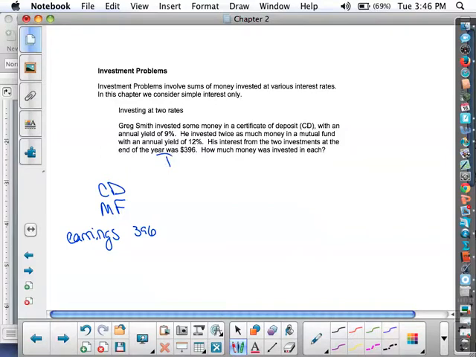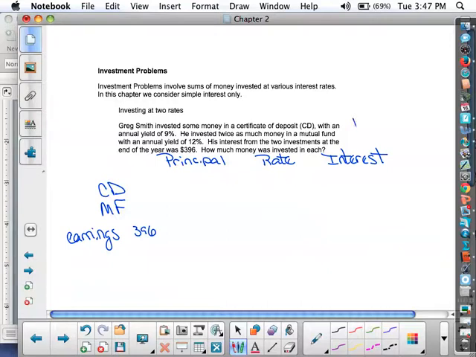So the amount of money invested initially is called the principal. The rate is the interest rate he earned, and the interest is the amount. So if we look at this, he invested some money.